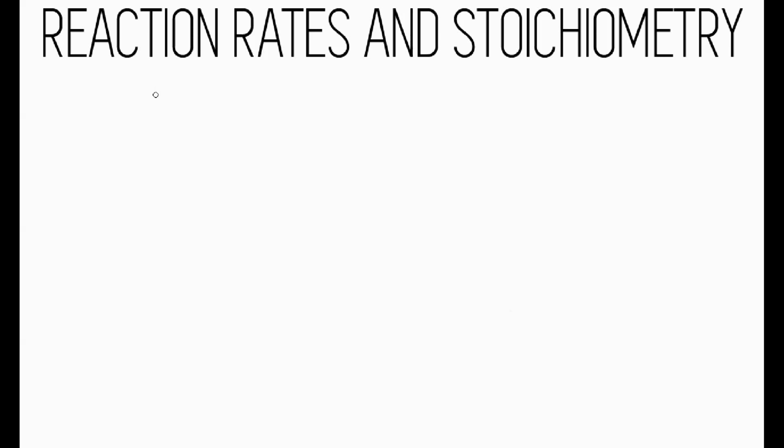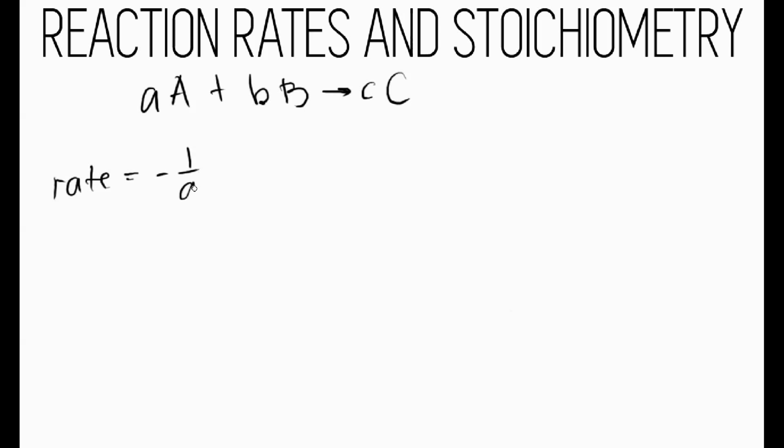Say a given chemical reaction of A plus B, which yields C. So we also have their respective coefficients. How do we express the reaction rate expression for this one? Rate is equal to the negative reciprocal of the coefficient of the first reactant, which is A, multiplied by the change in the concentration of A over the change in time.